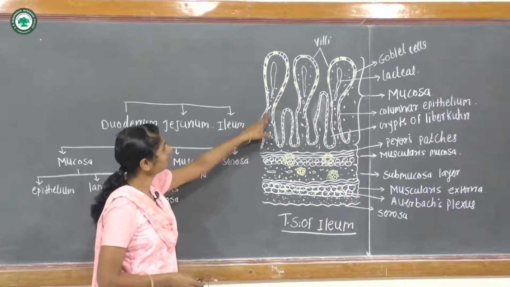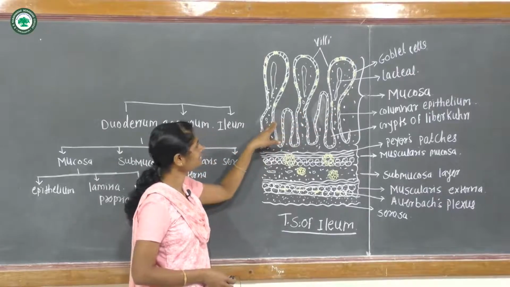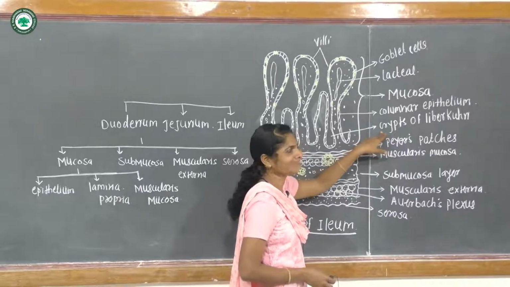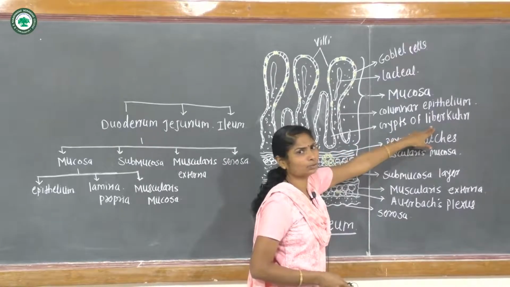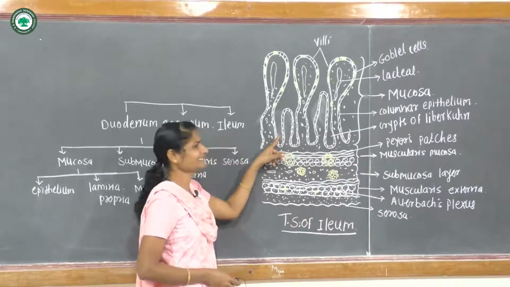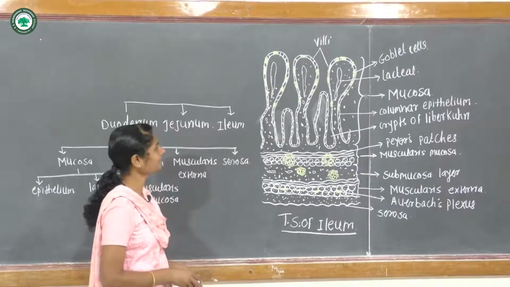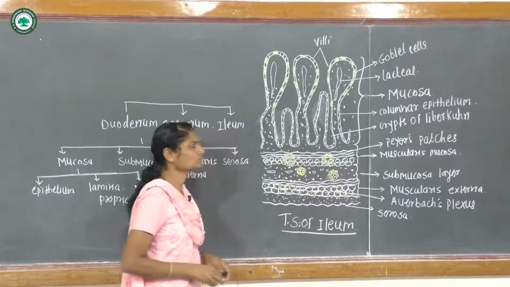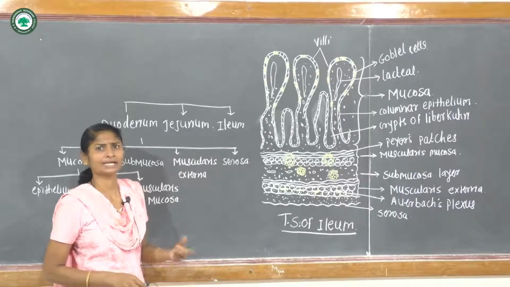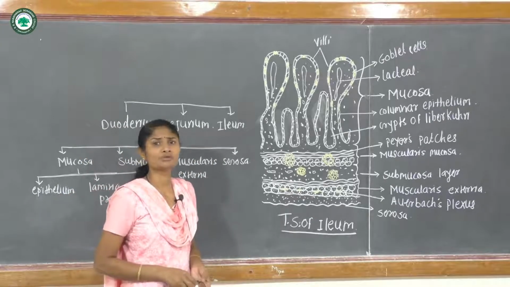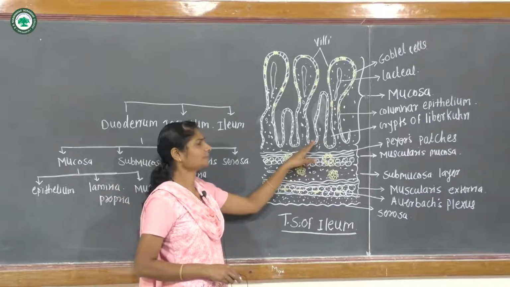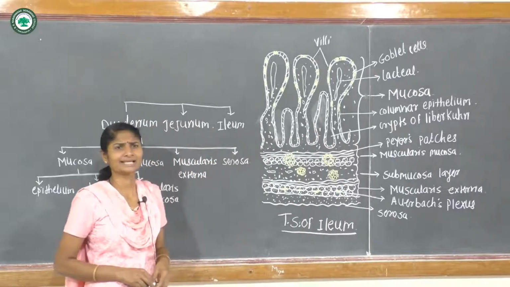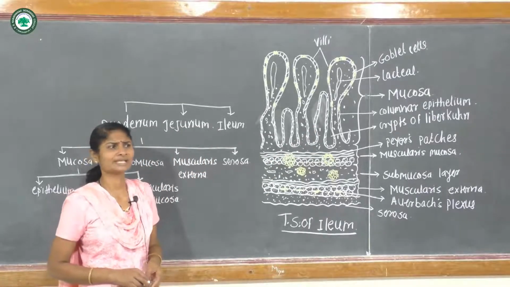Next, in between the villi there are crypts, and these crypts are called crypts of Lieberkühn. We can notice here in this diagram, this crypt is called crypt of Lieberkühn. This crypt again shows different types of cells. These crypts mainly show epithelial cells, consisting of stem cells.